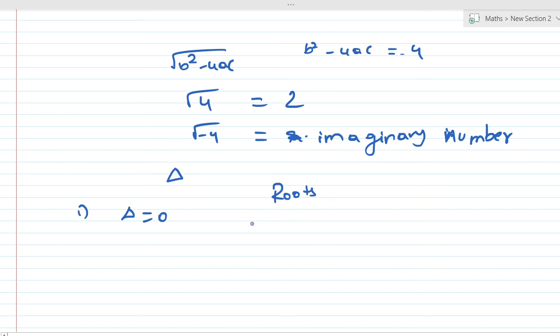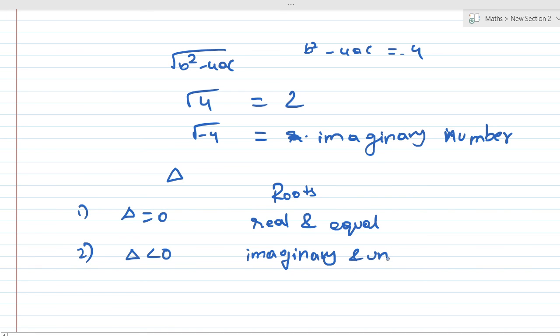Roots are real and equal. If delta is less than 0, we have seen here, the roots are imaginary and unequal.